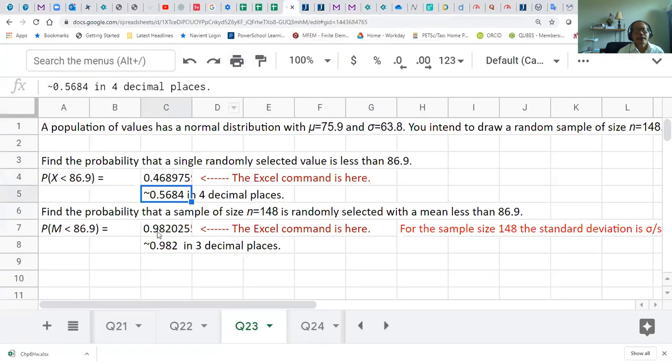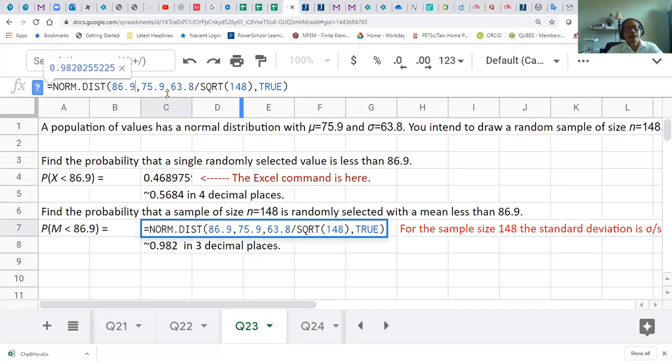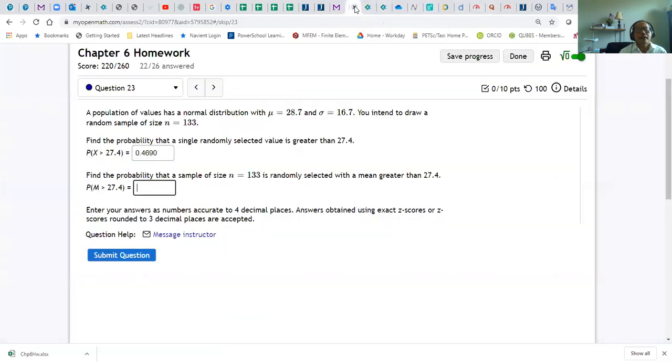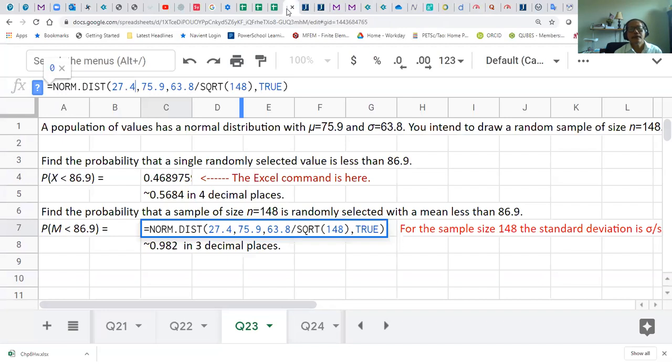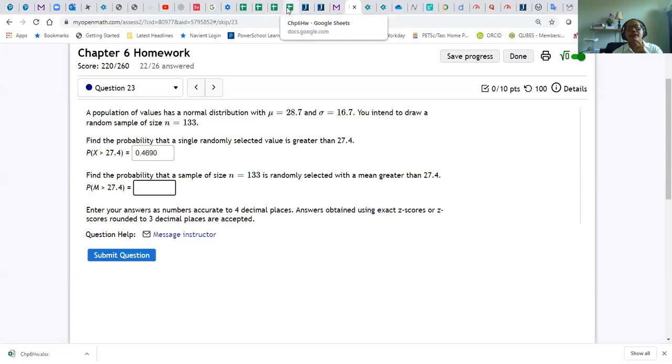Yeah, so the same thing for this one, just need to divide by the sample size, right? The mean is 28.7, and the standard deviation is 16.7.